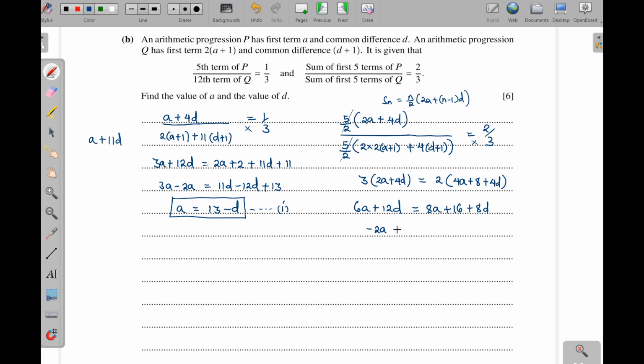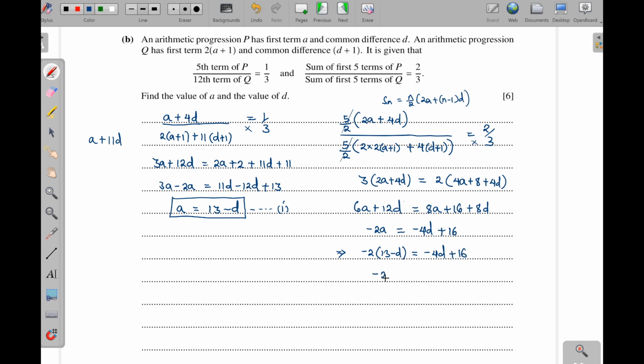Then this one is equal to, this is 8 minus 12, that will be negative 4D, you see? Then there is a plus 16 here. Now I can substitute this one here. So that is negative 2 into 13 minus d. Then this one is equal to negative 4d, then plus 16.